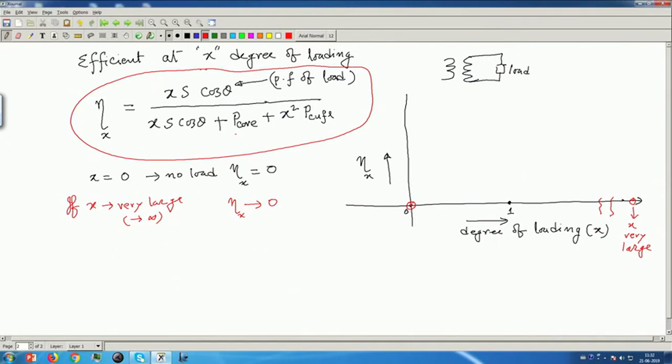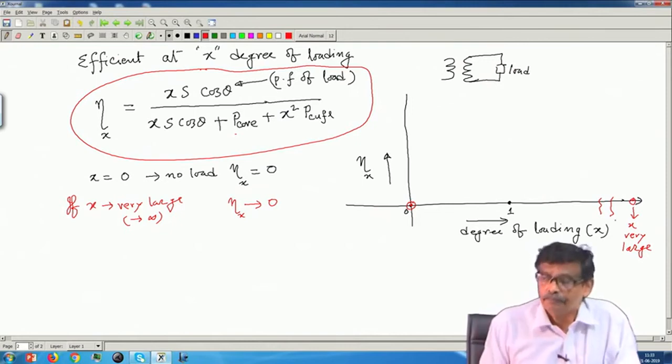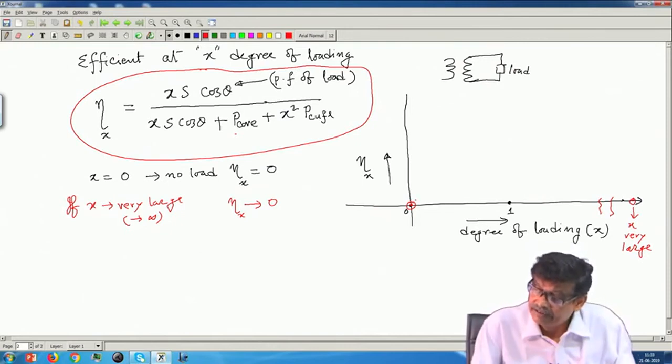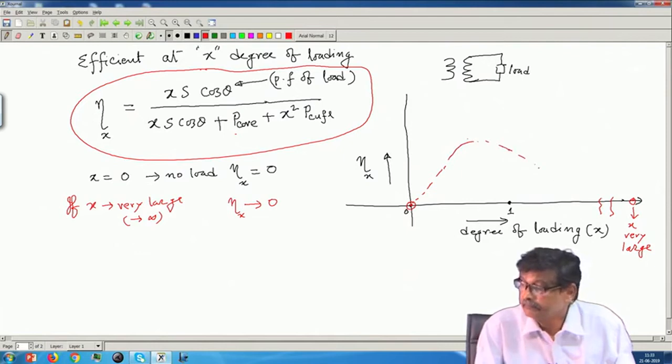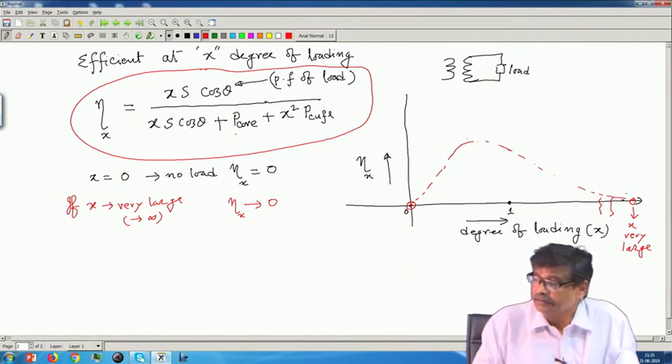Therefore, from 0, if I increase the value of x, efficiency is expected to have some finite numbers, it will grow up, but once again it has come to 0. So, it is expected this curve will be something like this here. Is it? It has to be.